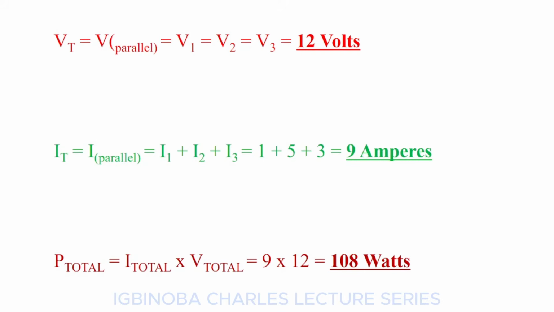This wattage value is where the normal voltage and current rating of the panel apply on the current and voltage characteristics curve, that is, the IV curve. For example, if we have a panel rated 12 volts 5 amps, our total power is simply IV, which is 5 times 12, which is equal to 60 watts.